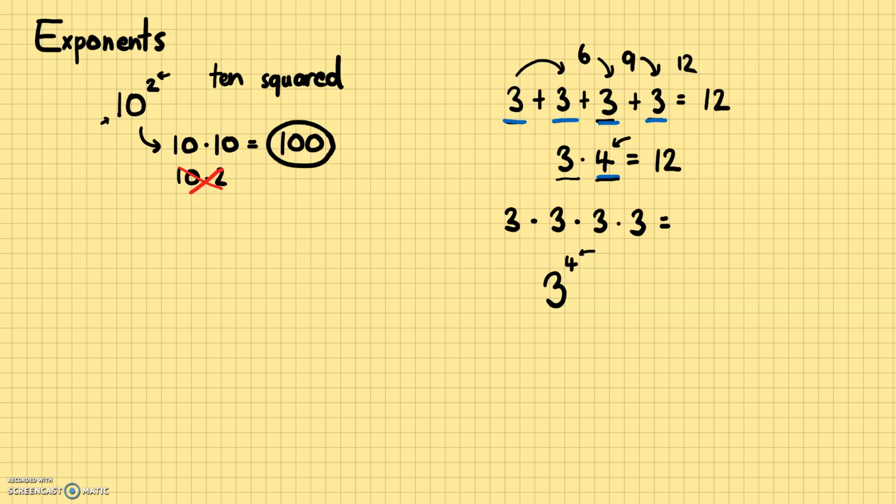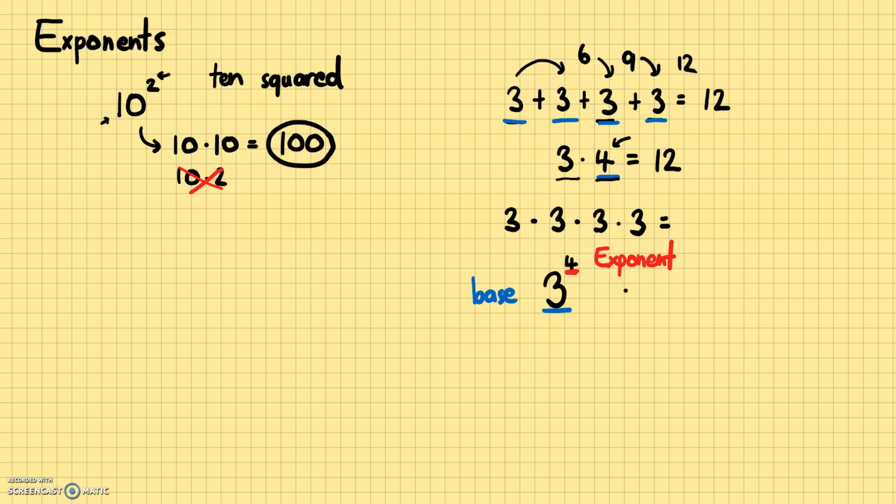And let's actually go over some of the terminology associated with exponents. This number right here is actually called the exponent. The exponent tells us how many times the number down here, this number actually is called the base. So the exponent tells us how many times the base is being multiplied.